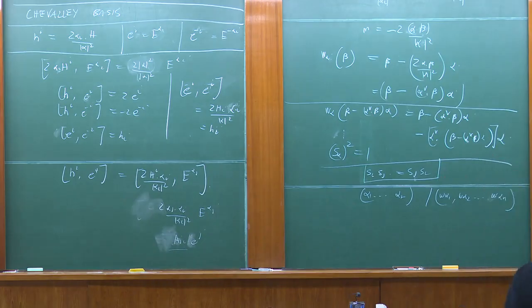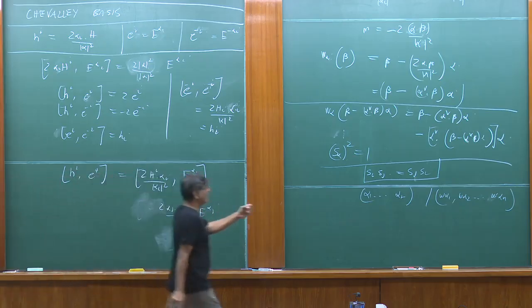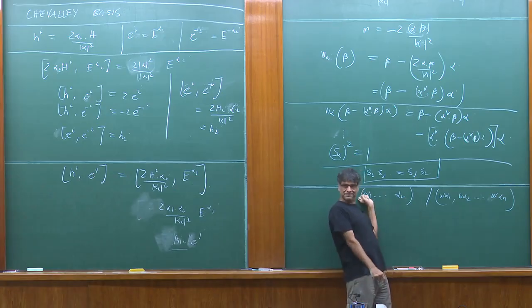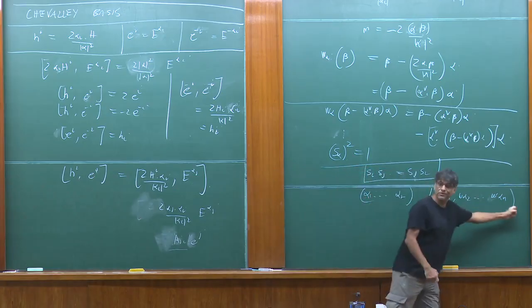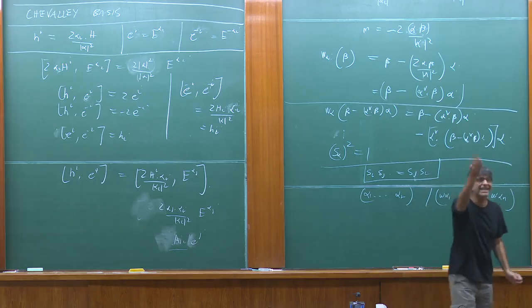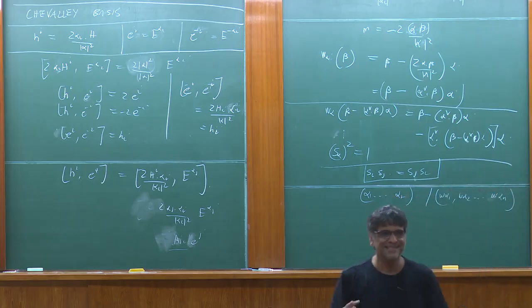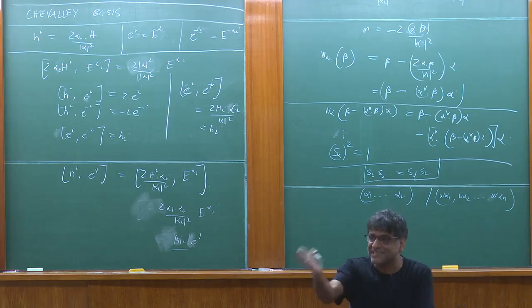Now, one can show, and we will see more or less how you show this, that if that property is true for this collection, then it's also true for this collection where W is any Weyl reflection. And therefore, there is some other notion of ordering in which these are the simple roots.